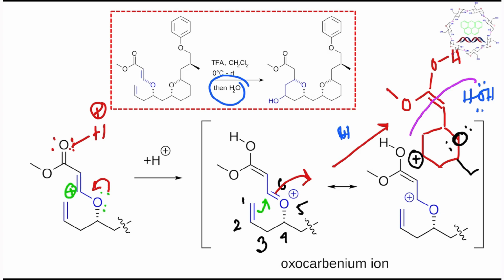So water will get attached here, and this is actually a keto-enol tautomerism. It will tautomerize into the corresponding carboxylic acid, because this is the enol of the corresponding ester. This part we understood, and here this carbocation is quenched and produces this OH. In this way the final product is produced.